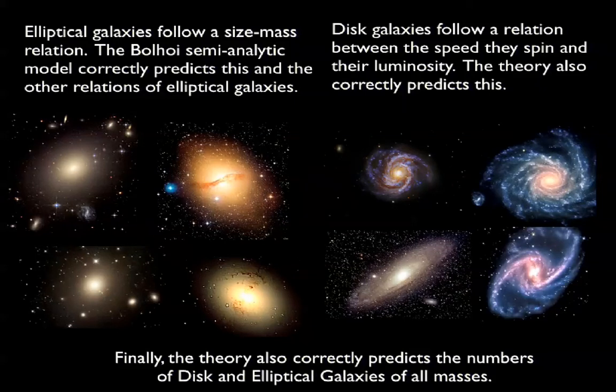And in our latest semi-analytic models, this is work with my former student, Rachel Somerville, and my most recent finishing graduate student, Lauren Porter. So we are getting all the correct scaling relations for both spiral and elliptical galaxies, and we can predict the numbers separately of disk-dominated and early-type galaxies.